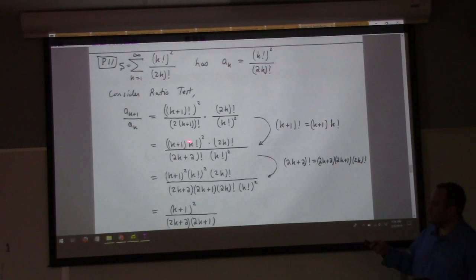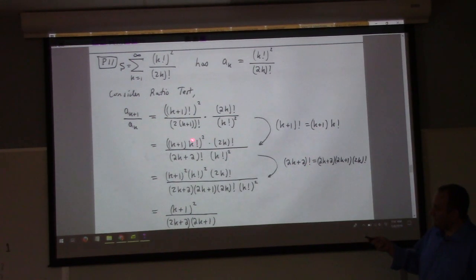And then down here, we've got 2 times k plus 1, well, that's 2k plus 2. So that 2k plus 2 factorial is 2k plus 2 times 2k plus 1 times 2k factorial. The reason I'm doing this is because I know from past experience that you're looking for some sort of algebraic manipulation of the formula for the kth term that finds the commonality between the k plus 1th and the kth term so that you get cancellation. That's how every ratio test problem that's successful works out.